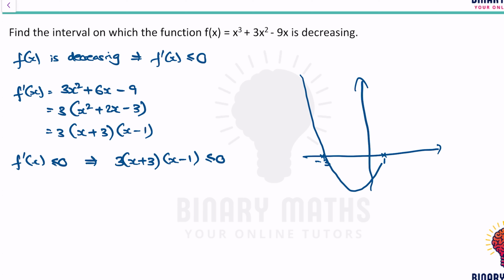We don't care about the y value. So we're looking for when it's less than or equal to 0, which means we're looking at this part. So that means minus 3 is less than or equal to x, which is less than or equal to 1. So f dash of x is less than or equal to 0 when minus 3 is less than or equal to x, which is less than or equal to 1.